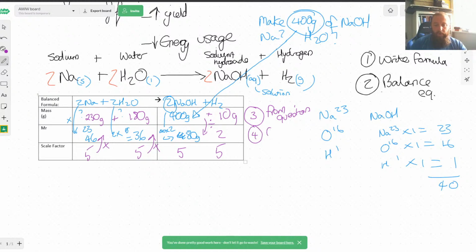Step 4 is to calculate the molecular mass and multiply it by the scale factor of the balancing equations. So step 5 then, we divide going down and then multiply going back up.